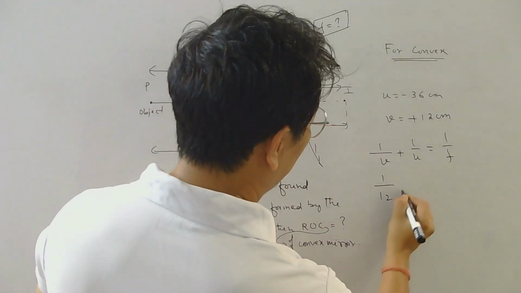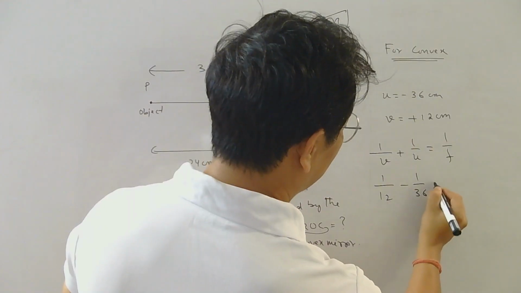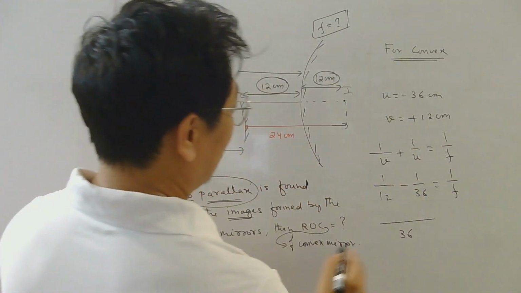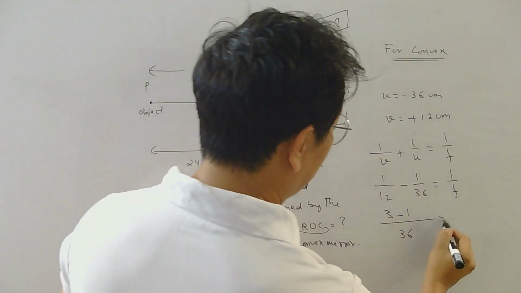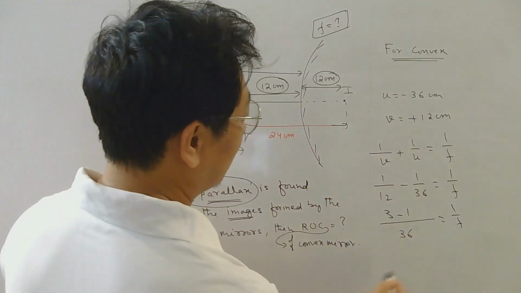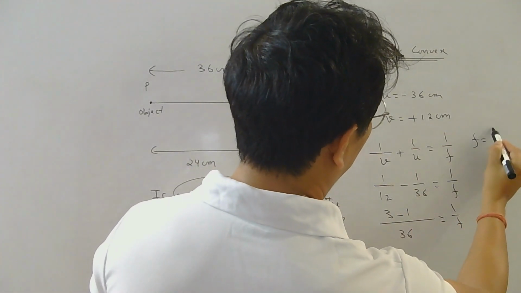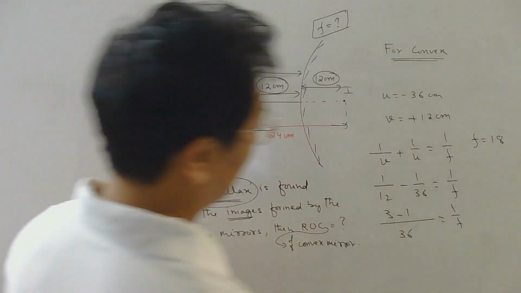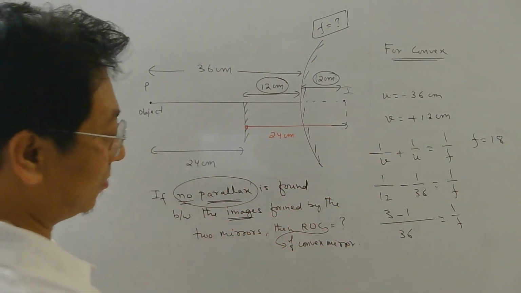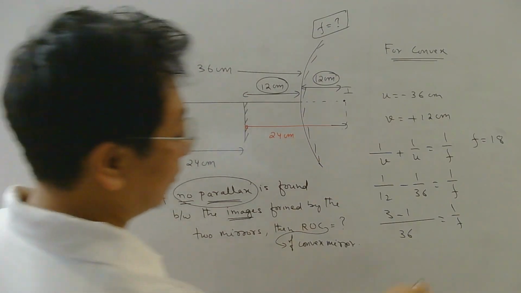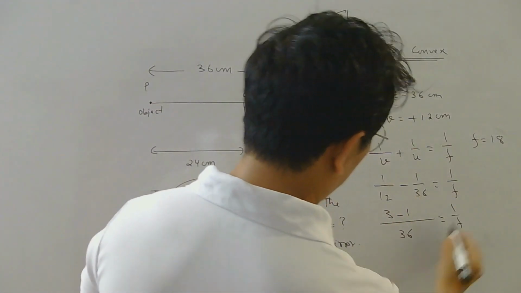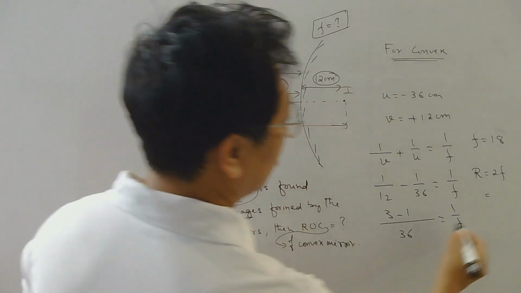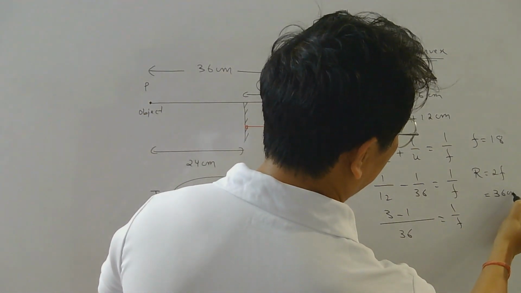So 1 by 12 minus 1 by 36 equals 1 by f. 12 3s are 36, so this will be 2 by 36, which is 1 by 18. This is 2 by 36, right? So 1 by 18, you invert it, f will be 18. The radius of curvature is twice the focal length, so it will be 36 centimeter.